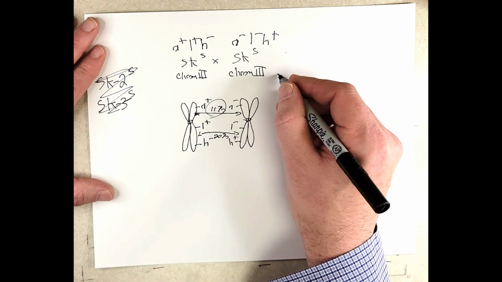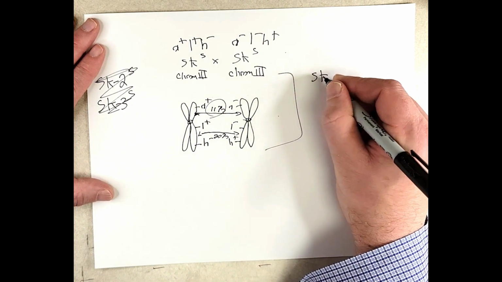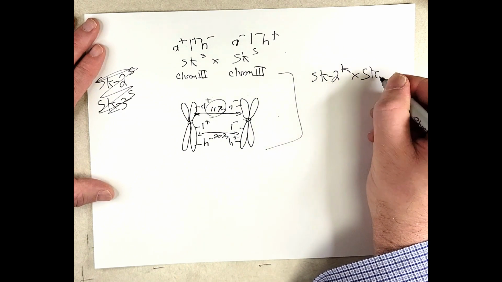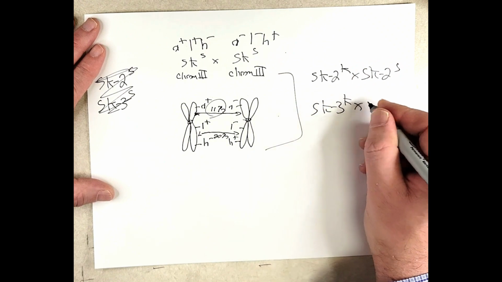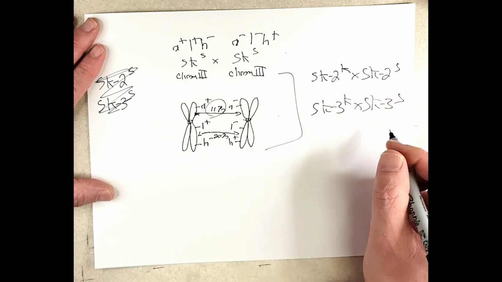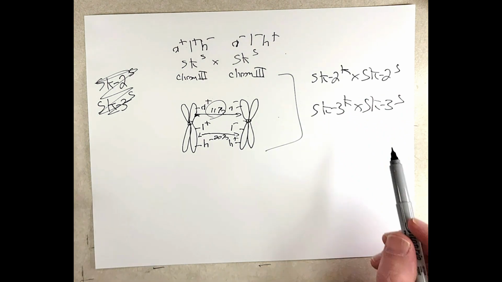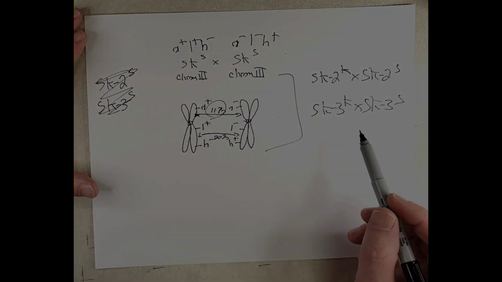Okay, so these results suggested that when you have SK2K crossed to SK2S or SK3K crossed to SK3S, there is a recombination block or recombination suppression for at least part of chromosome 3. And then in the next video.